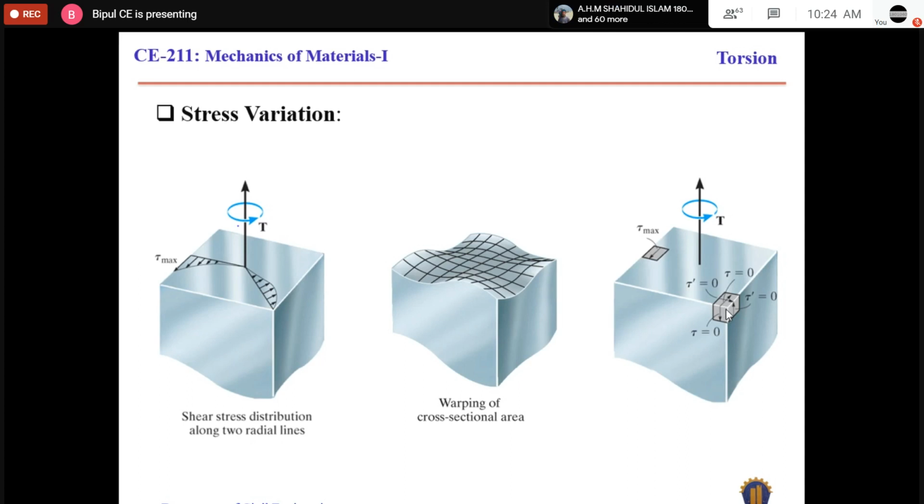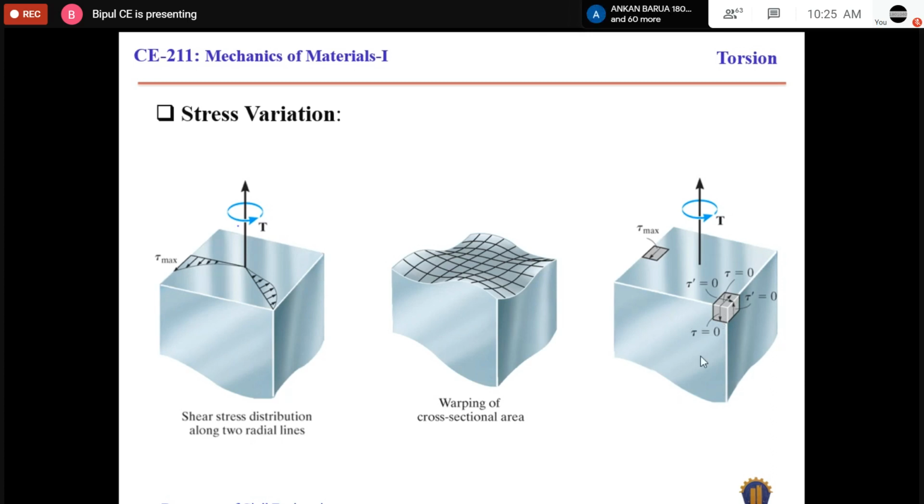Why? Because if we say due to torsional force, this shear force will be developed. But according to the equilibrium condition, if this shear stress is developed due to the torsional force, then this shear stress must be developed to maintain its equilibrium condition.